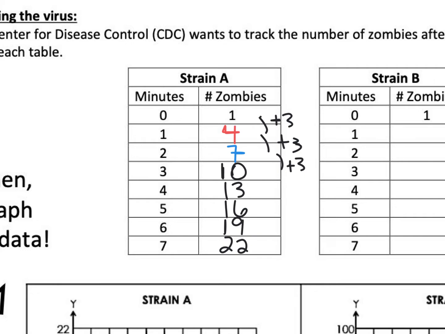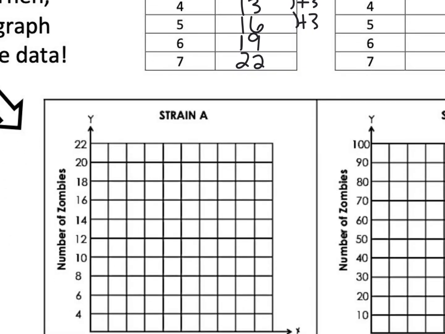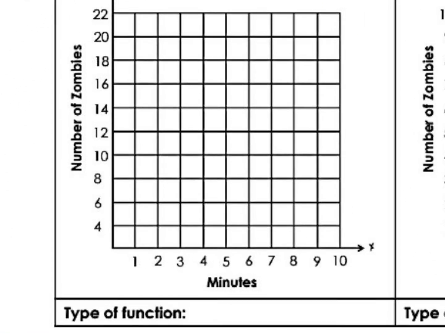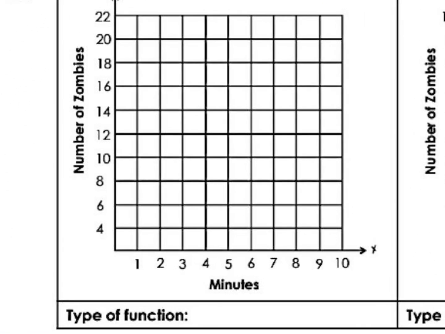What I want us to do is make a graph of that so we can see what's happening. But yes, good job, this is just adding 3 each time. So when I come down here, notice your labels, number of zombies and minutes. At 0, I'm going to use red so it's easier to see. At 0 minutes, we had our original zombie.